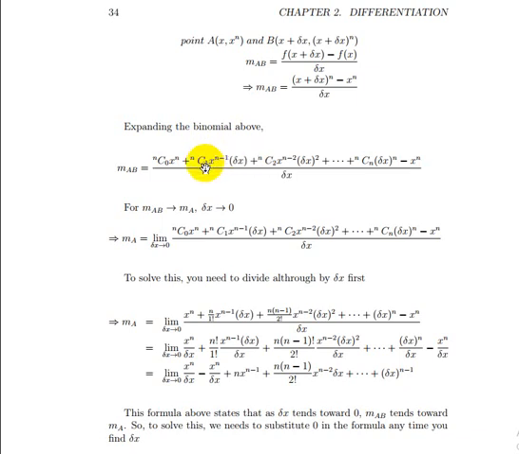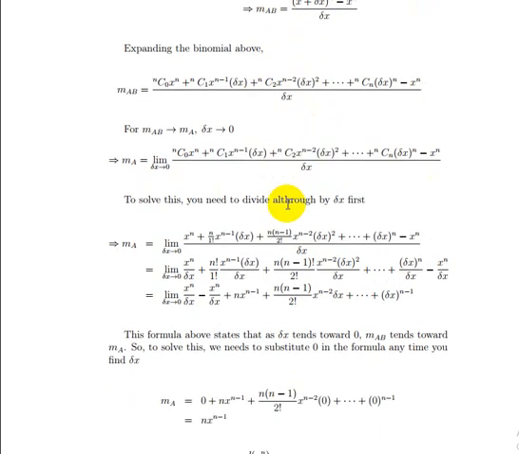When you increment by 1, you reduce the power of the first element by 1 and increase the power of the second element by 1. Then when you increment by 2, you have n combination 2, you reduce the power of the first element by 2 and increase the power of the second element by 2. So this is how you do the combinations, and how to easily calculate combination we are going to see later.